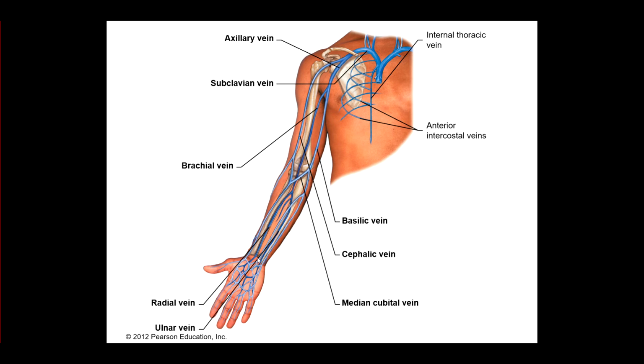The palmar arch veins become either the radial vein or the ulnar vein right here. That becomes right here the brachial vein. Then the brachial vein becomes the axillary vein, and then the axillary vein becomes the subclavian vein up over here. And then the subclavian vein becomes the brachiocephalic vein.